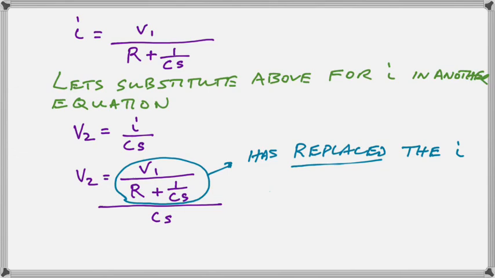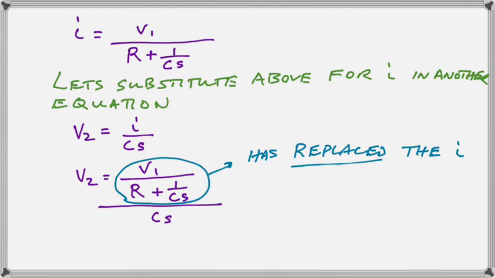We say complex because it's a fraction that has a mixed number there in the denominator. And we divide that whole fraction on top by CS at the bottom. So this is an example of dividing a multi-term expression by a quantity.